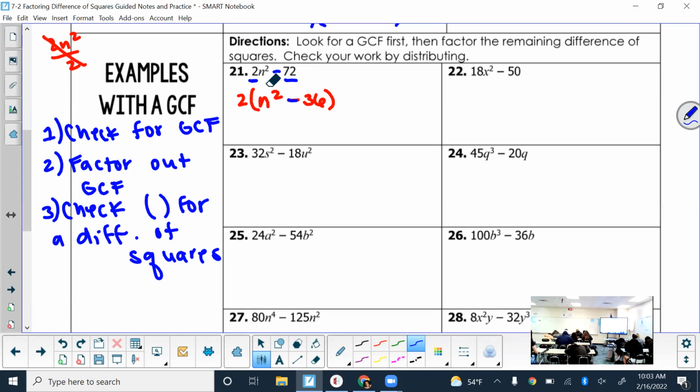There is a minus sign. Is n squared a perfect square? Is 36 a perfect square? Yes. So my GCF will stay outside the parentheses, but now the parentheses can follow the difference of squares rule. So it'll be n plus 6 times n minus 6. Questions on 21?